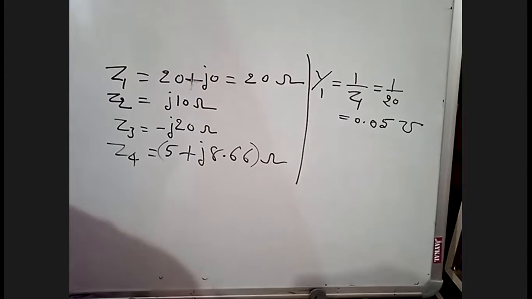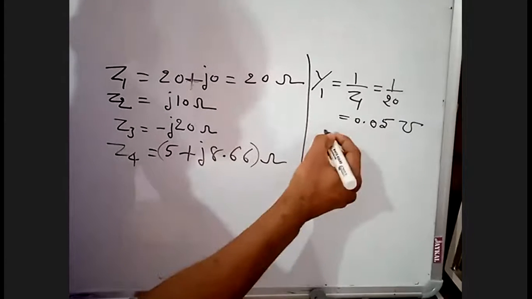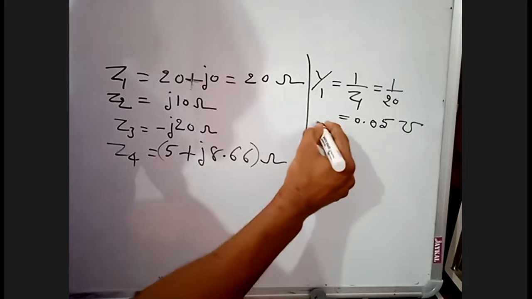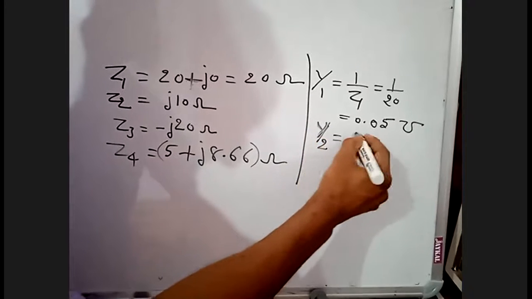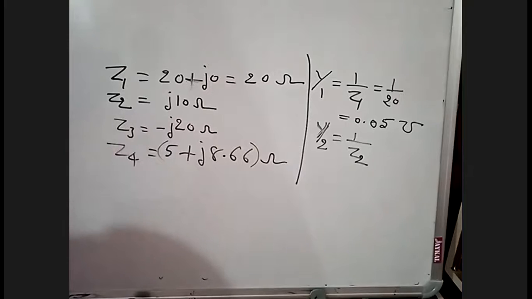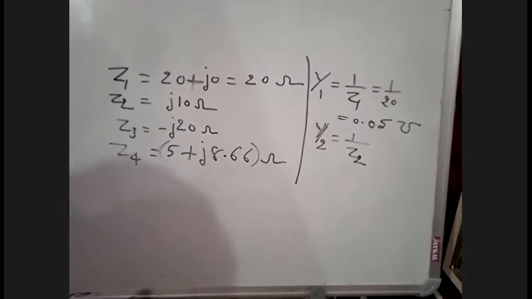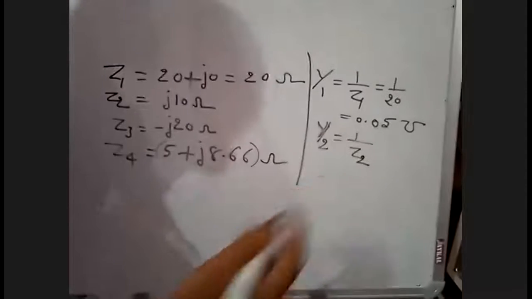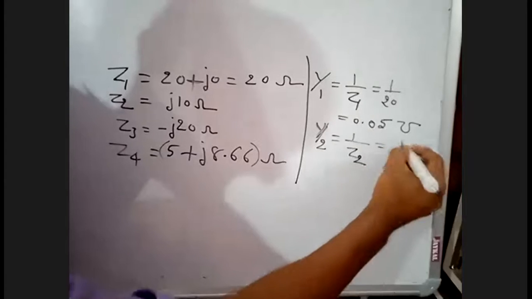Inverse of impedance is admittance. Y2 is equal to 1 by Z2. What is the value of 1 by Z2? What is Z2? 1 by j10.